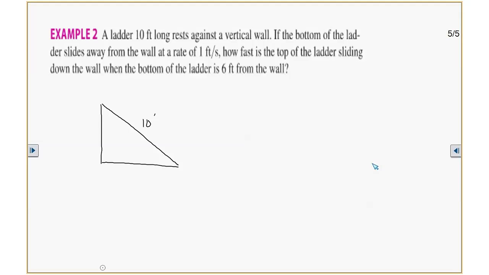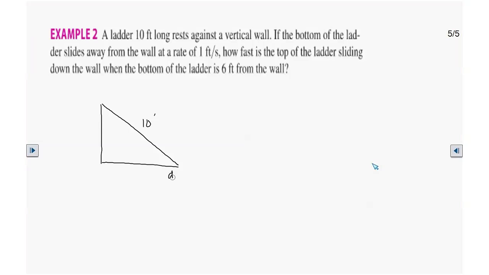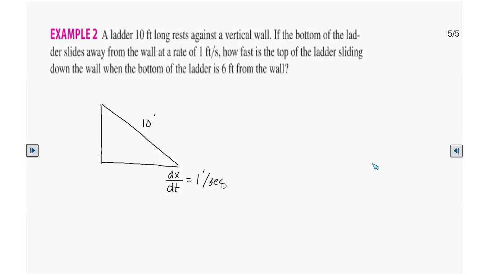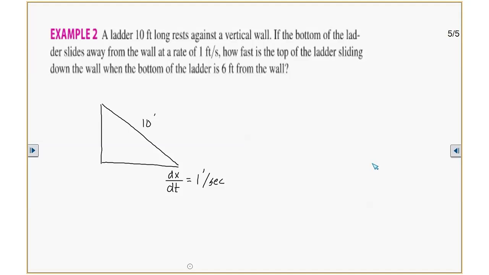Okay, the bottom of the ladder slides away from the wall at a rate of 1 foot per second. So we have dx dt is equal to 1 foot per second. And which way is it going? Slides away.